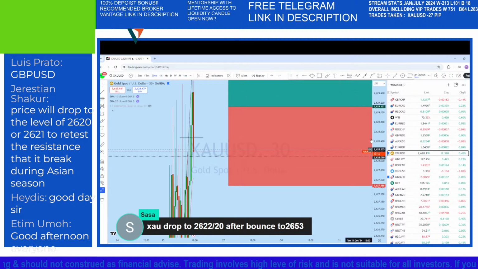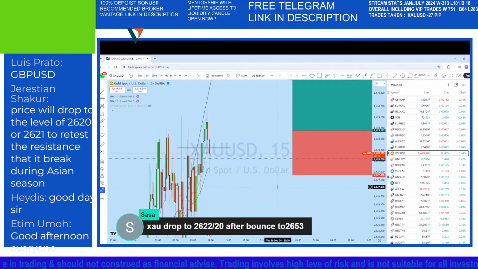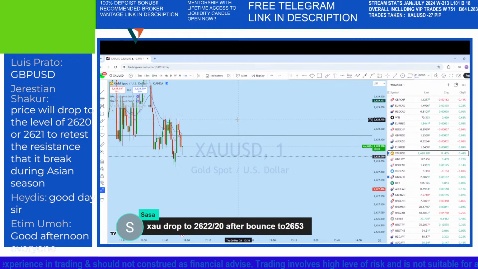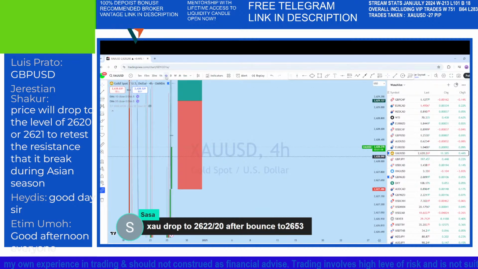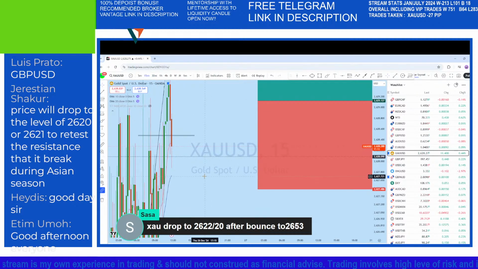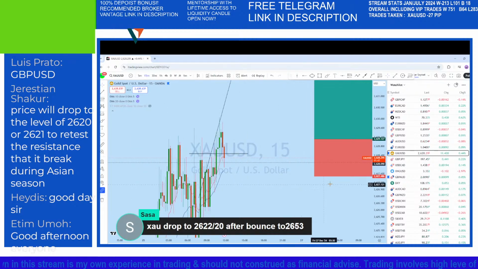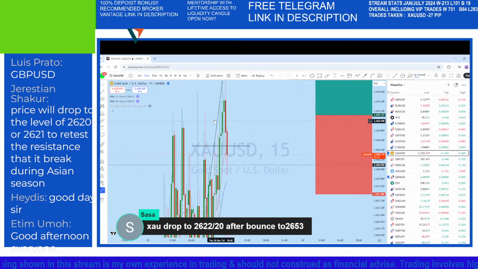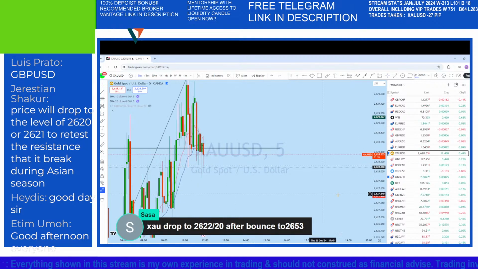Looking at the lower time frame, okay, you can see that there is a couple of candle formations.